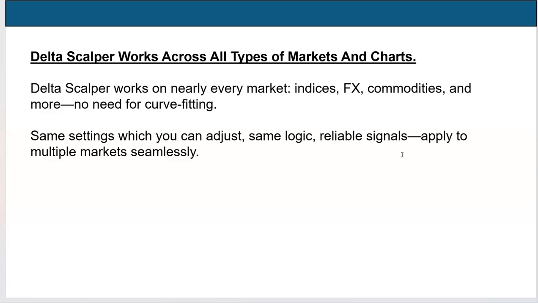Same settings, which you can adjust, same logic, reliable signals apply to multiple markets seamlessly, meaning the settings that I use for euro currency are the same ones I use for British pound, same for crude, and gold. I might adjust maybe the momentum setting or the POC movement, but in general, most of the settings are pretty set. I don't use one setting in this market and a completely different type of setting in another market. I don't want to say one size fits all, but it's pretty darn close to it.